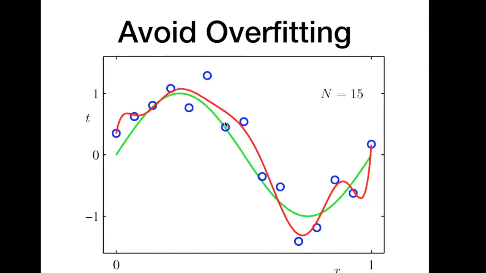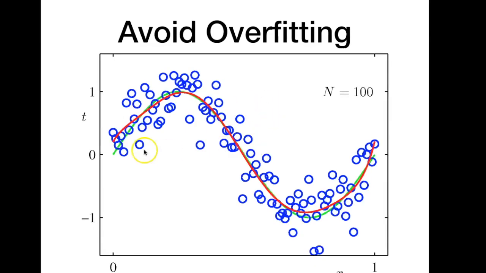And let's say we increase the number of training data points to 100, then your red curve almost overlaps with the underlying green curve. So one way to avoid overfitting is to increase the number of samples in the training data.